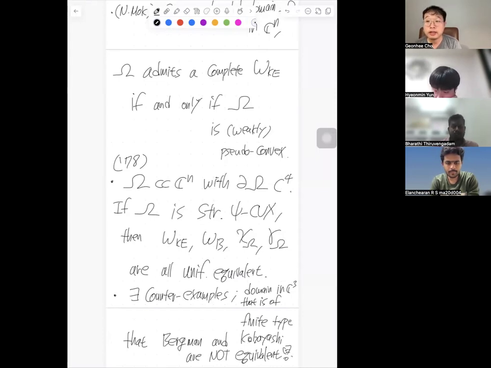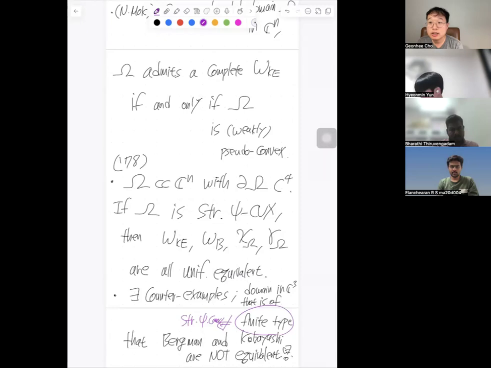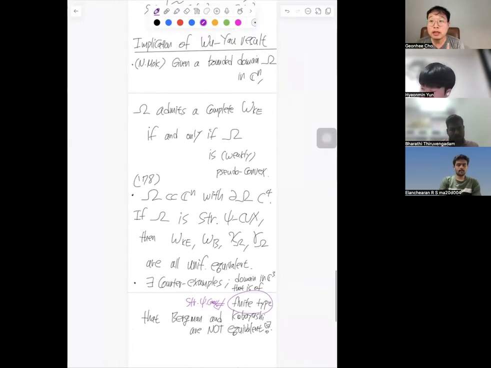As far as I know, there are two concrete examples satisfying this counterexample condition. Finite type is not strictly pseudo-convex. So just combining known results, we already know that for weakly pseudo-convex domains, including finite type in C^3, invariant metrics do not need to be equivalent in general. For strictly pseudo-convex domains, they are equivalent.